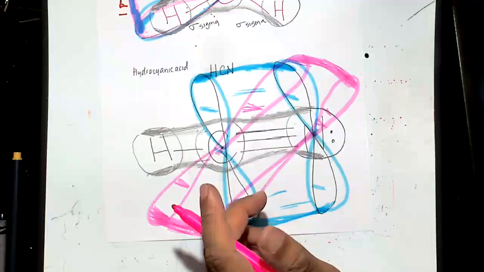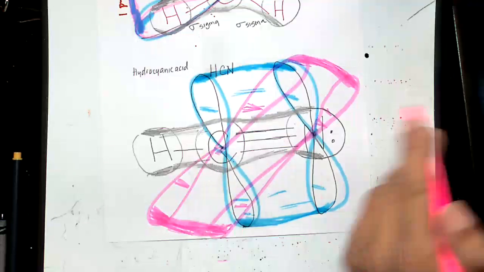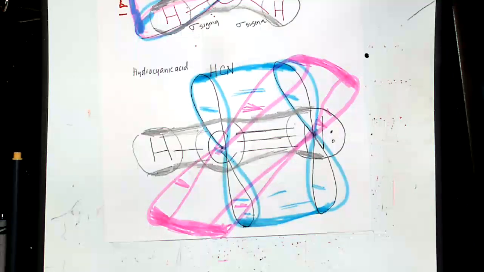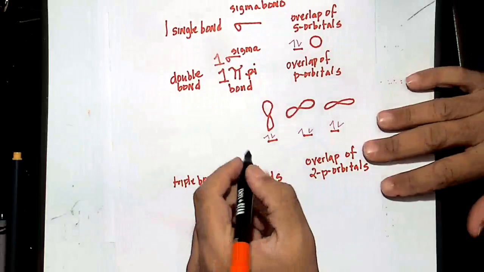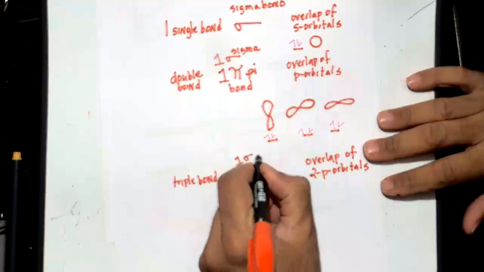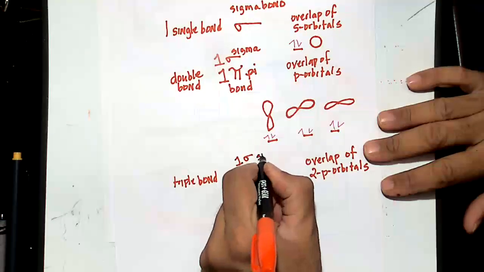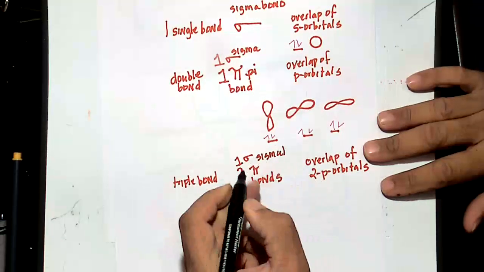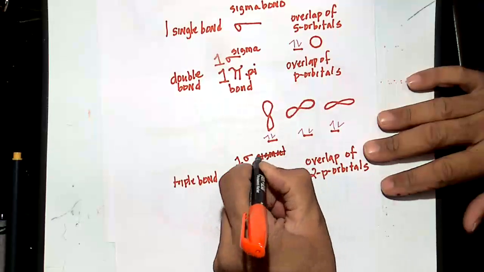So that is a triple bond. A triple bond is going to be 1 sigma and 2 p, or 2 pi, overlap. So we have 1 sigma overlap and then 2 p overlap.